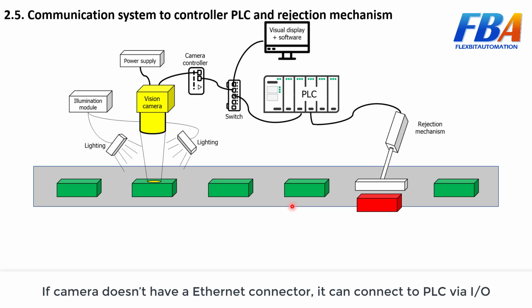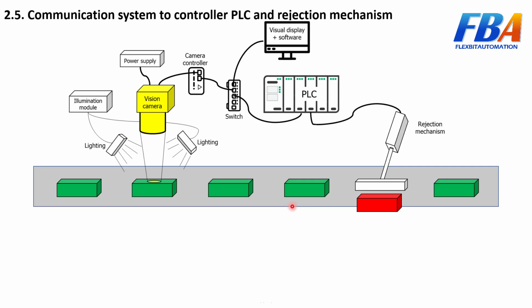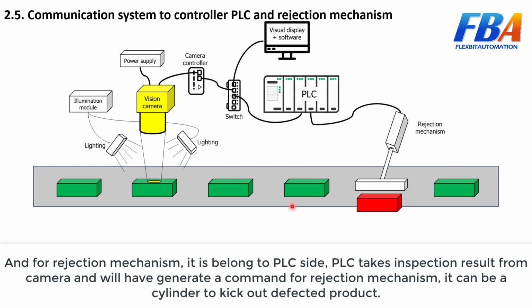If the camera doesn't have an Ethernet connector, it can connect to the PLC via I/O. And the rejection mechanism belongs to the PLC side. The PLC takes the inspection result from the camera and generates a command for the rejection mechanism. It can be a cylinder to kick out defective products.